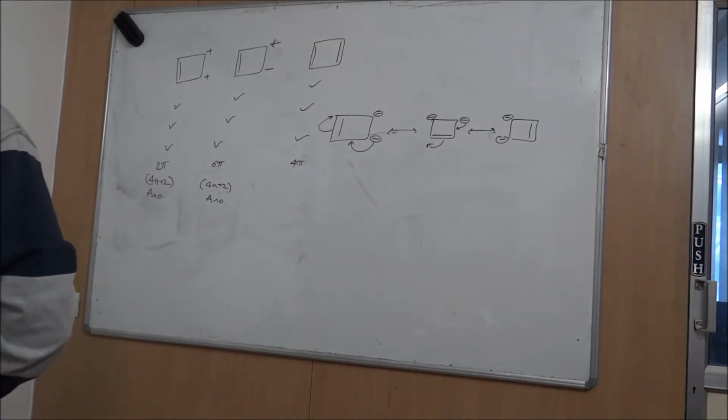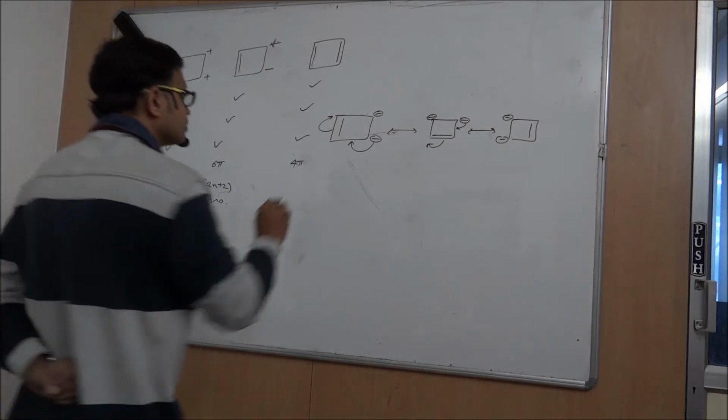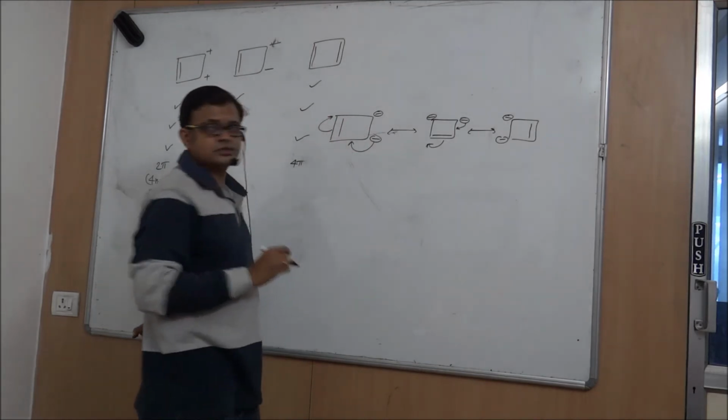Carbon is a carbanion. sp2 hybridization state. One p orbital will be unhybridized. It will be a filled p orbital. And here there is a pi electron cloud. So the possibility is there.